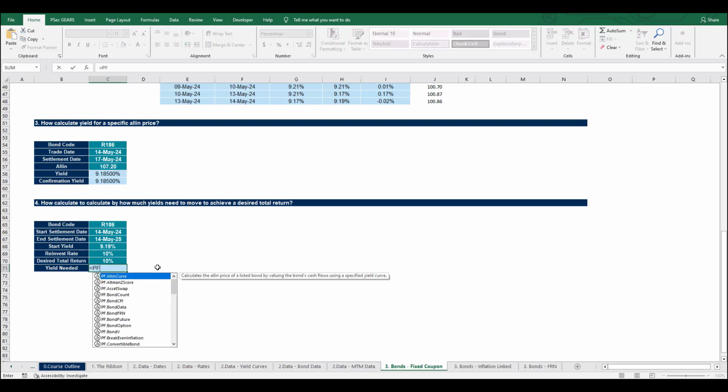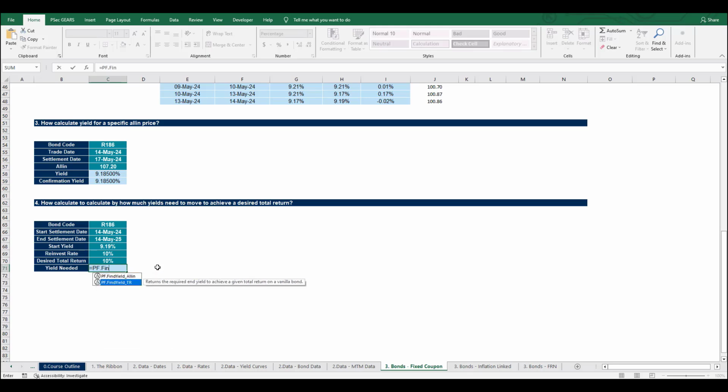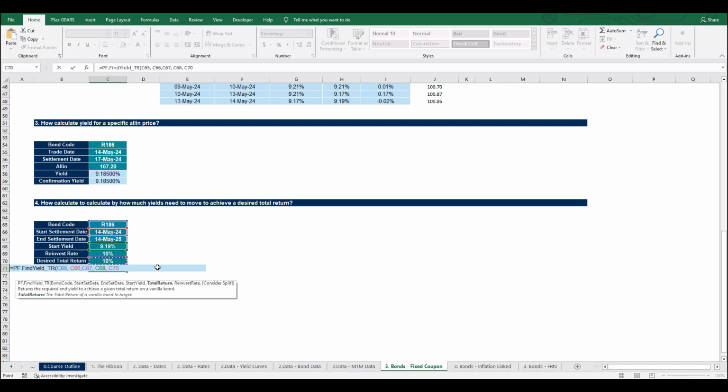And we're going to find what the yield needed is, which is pf.find yield total, given a total return. We need to supply the bond code, we need to supply the start settlement date and the end of the horizon, which is a year from now. And then the start yield, which we've got from our market-to-market valuation function. And we want a total return, desired total return.